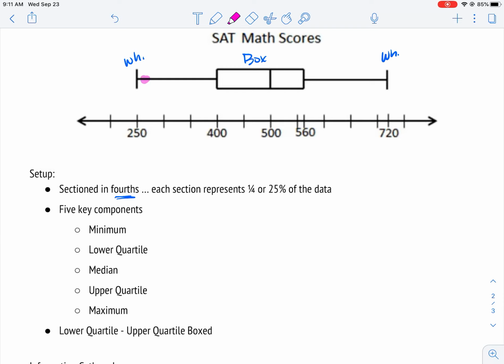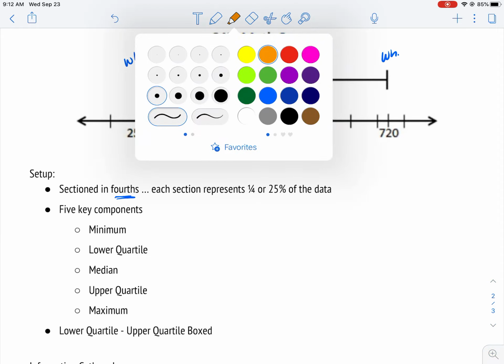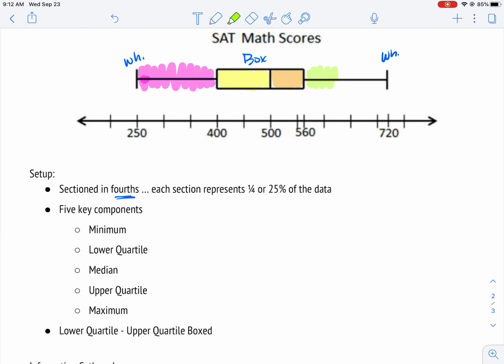So this first section is representative of 1/4 of the data. This is another fourth, and the last fourth. If you're like, ugh, fourths, a lot of times you can say it as 25%. So each section represents 25% of the data.